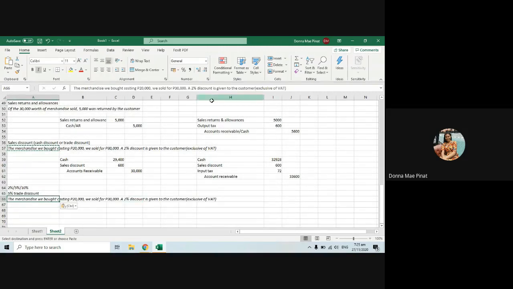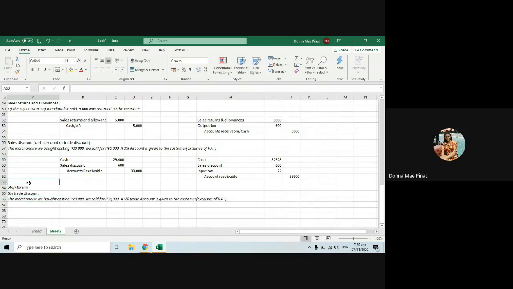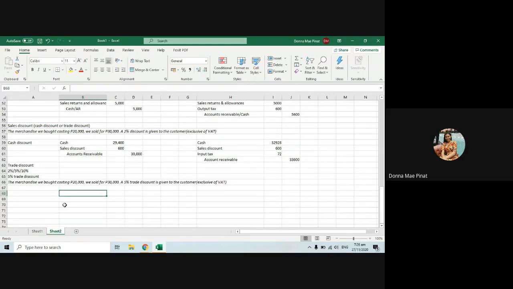So, sample na lang at 5%. Ano naman to? 5% trade discount is given to the customer. So, how will we record this for non-VAT? 30,000.